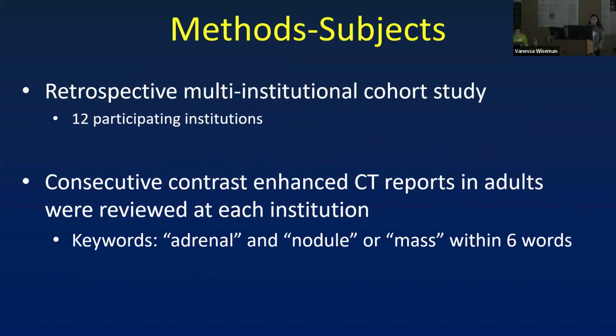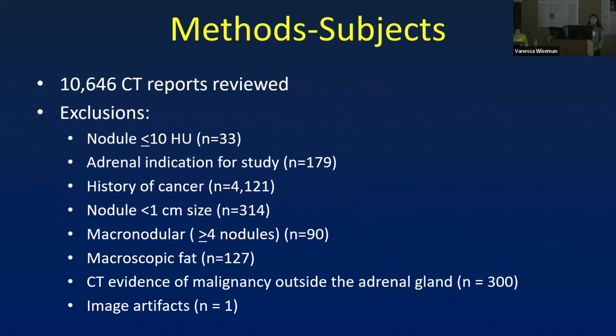This was a retrospective multi-institutional cohort study. We first reviewed consecutive contrast-enhanced CT reports in adults using the keywords listed here. Over 10,000 CT reports were reviewed. We excluded cases with nodules measuring 10 Hounsfield units or less, exams performed for an adrenal indication, and patient history of cancer.